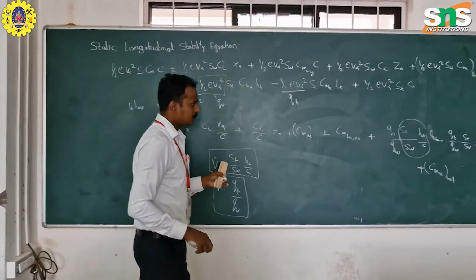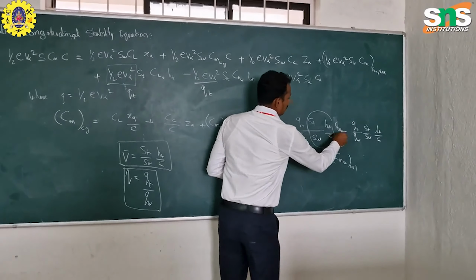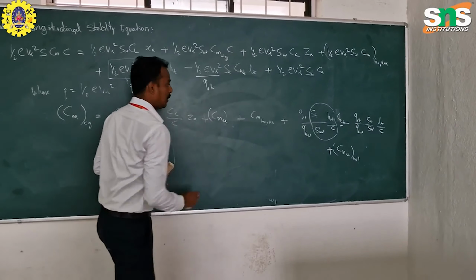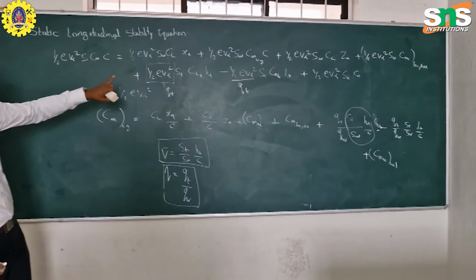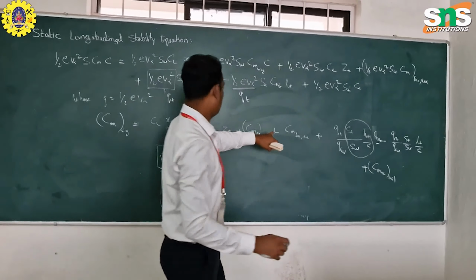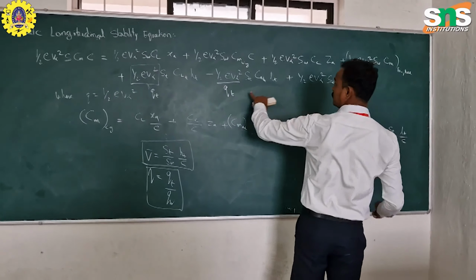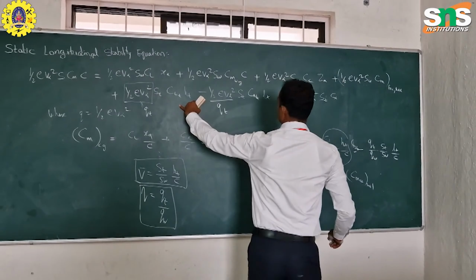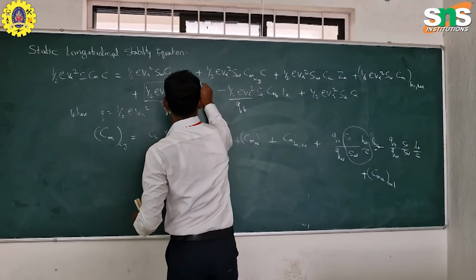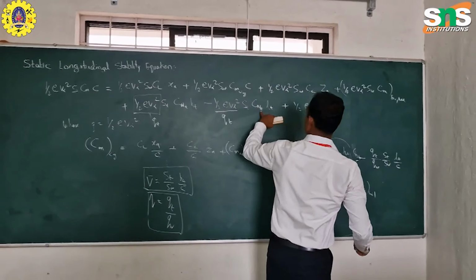Here this chordwise force is very small compared with the normal force. Like this is the normal force, right? This is the normal force of the tail.